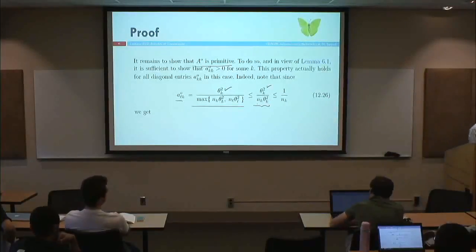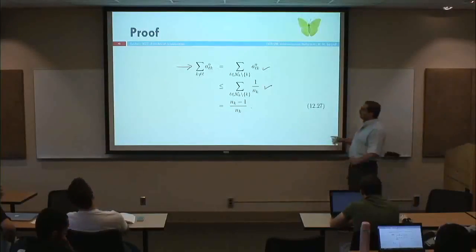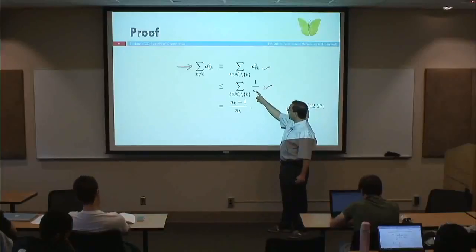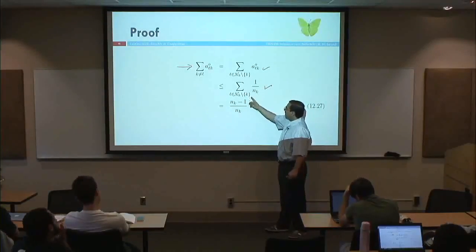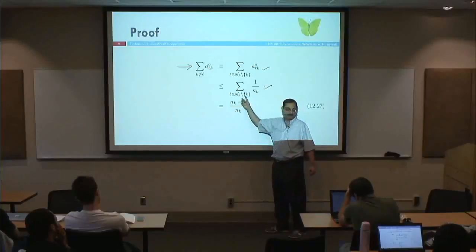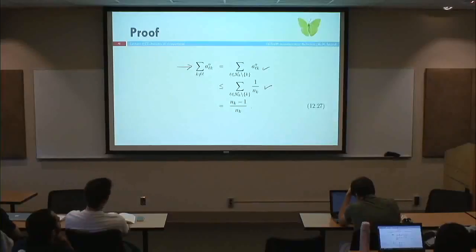If this holds, then if you add all the a's on a particular row, except for the diagonal one, this will be upper bounded by that, right? You are adding 1 over n_k how many times? n_k minus 1 times. So that sum is (n_k minus 1) over n_k.